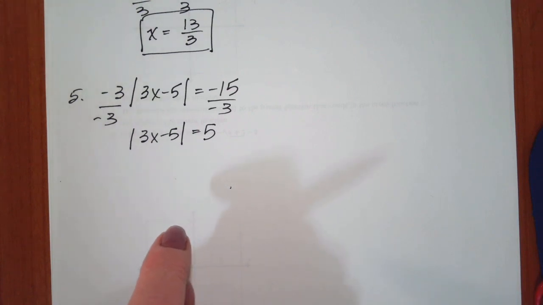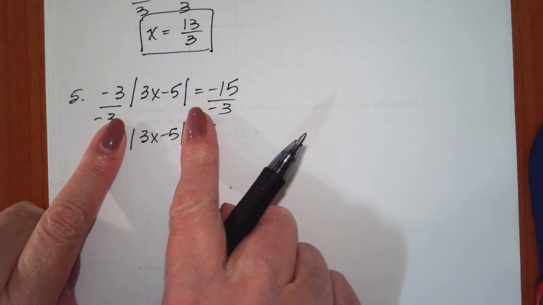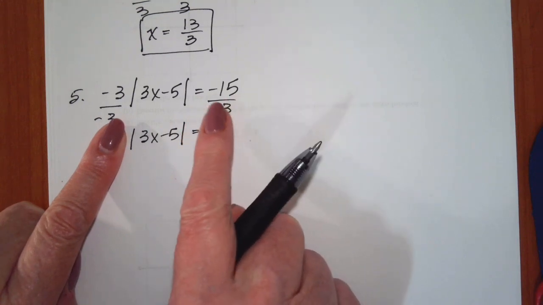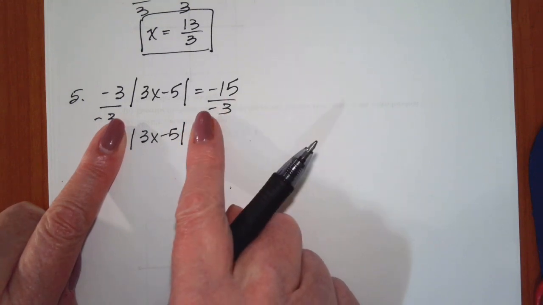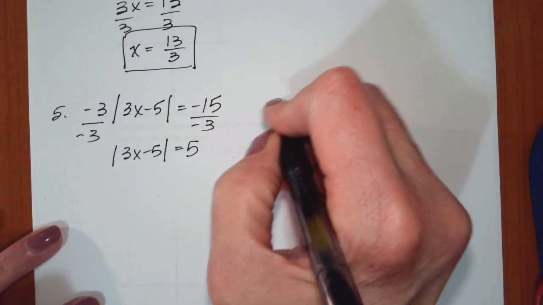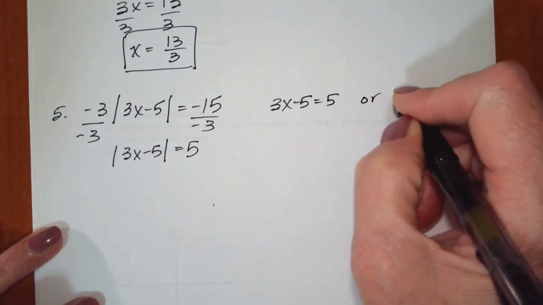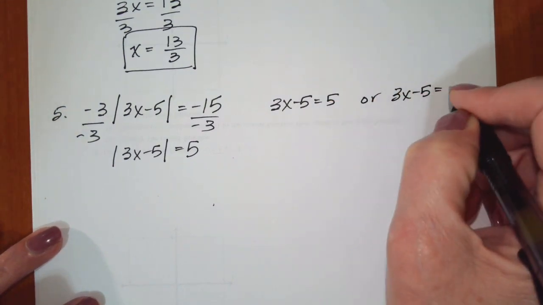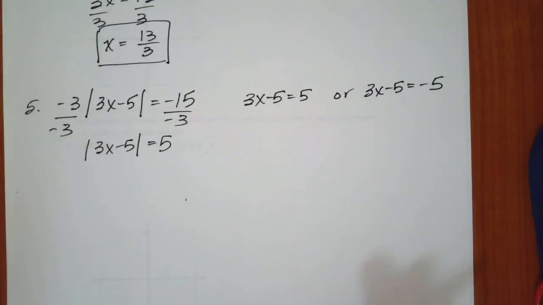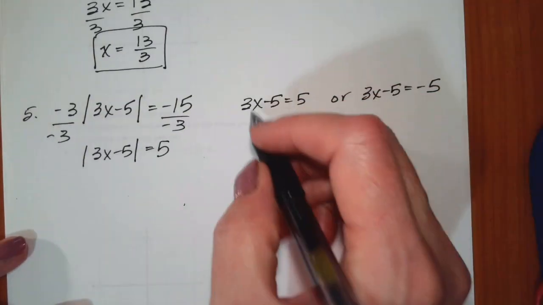Okay. But remember what this means. I'm looking for where the absolute value of it is 5, which means it's 5 units away from 0. So that means that 3x minus 5 is equal to 5, or 3x minus 5 is equal to negative 5. So when I have an absolute value equation, I have 2 to solve.